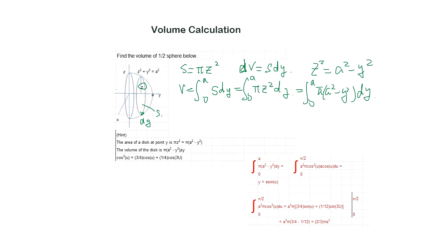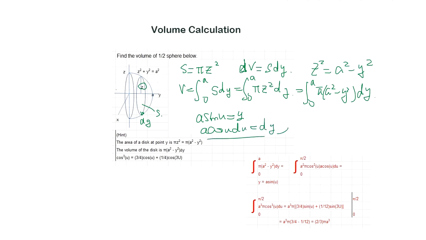So again, what you do is a sine u equals y, so a cosine u du equals dy.